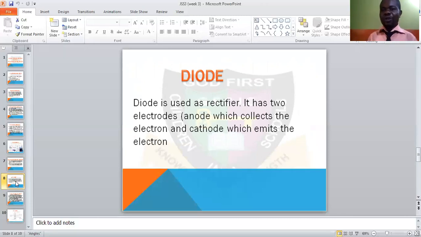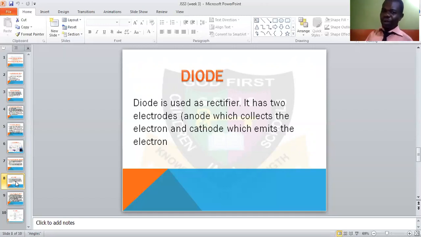It has two electrodes. Just like you have your mouth, this is the place food comes in, and then the other end, whatever you call it biologically, is the place the waste, the food that has been used by the body, goes out of your body. So also the diode has two electrodes.